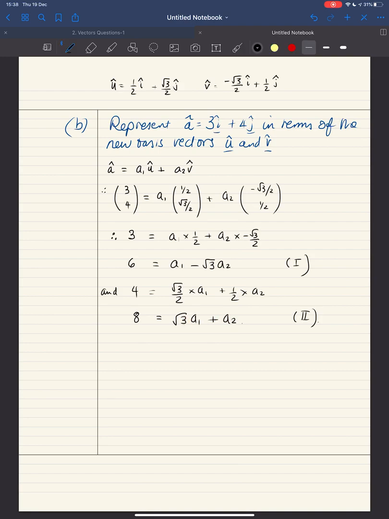So we do equation 2 times root 3, which gives us 8 root 3 is 3a1 plus root 3 a2, equation 3. Let's just highlight these so we can see where they're coming from. That one, equation 1, equation 2, equation 3.